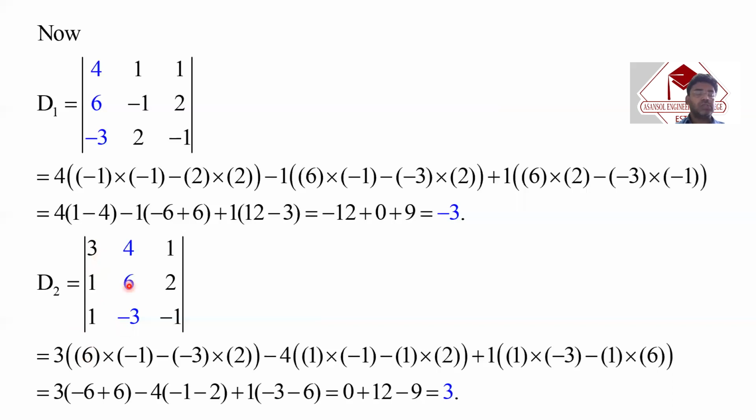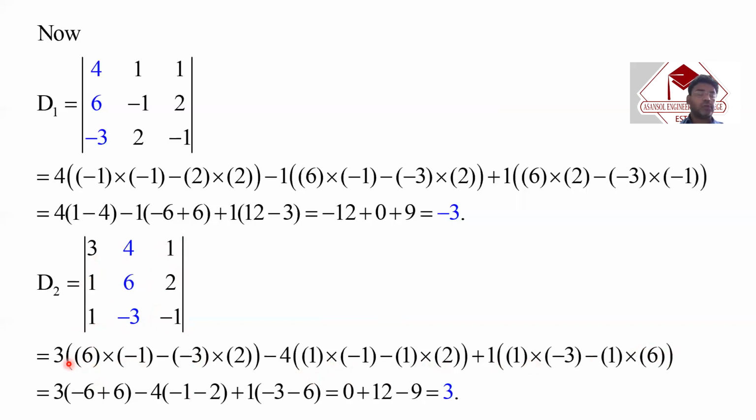3 into 6 into minus 1 minus of minus 3 into 2, this one, minus 4 into 1 into minus 1 minus of 1 into 3, this one, and 1 plus 1 into minus 3 minus of 1 into 6, this one.